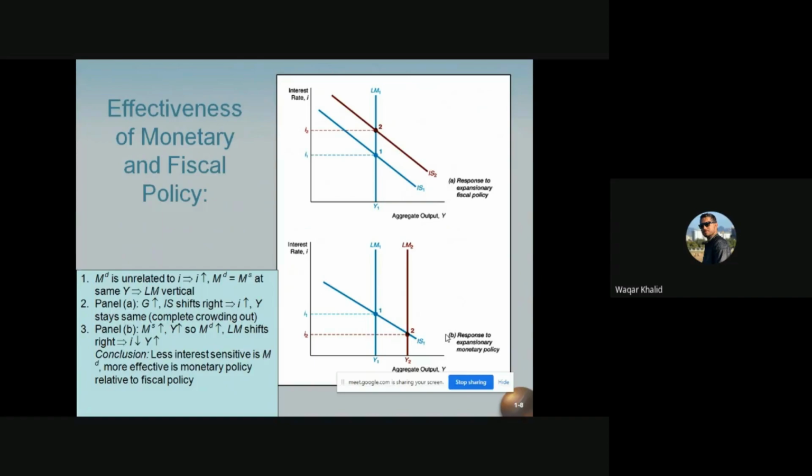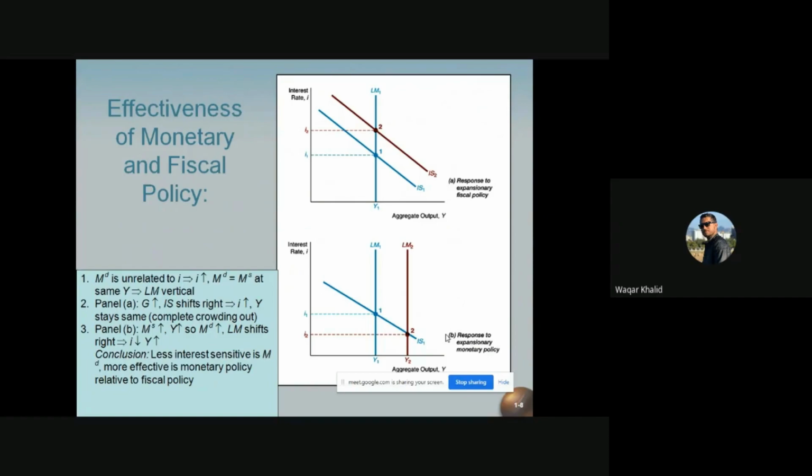For example, how can policymakers decide which of these policies to use if faced with too much unemployment? If a particular economy is experiencing a huge unemployment rate, suppose 10% or 20%, the question is which policy the policymakers should adopt. Which policy is more effective, the monetary policy or the fiscal policy?